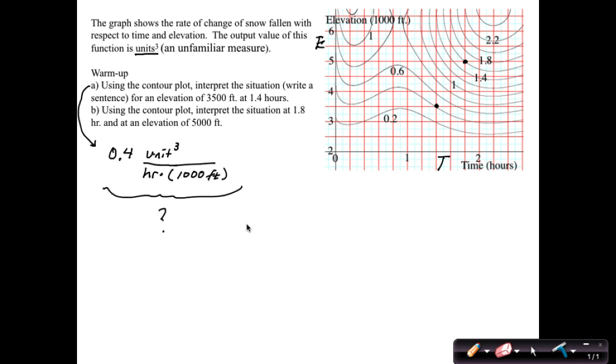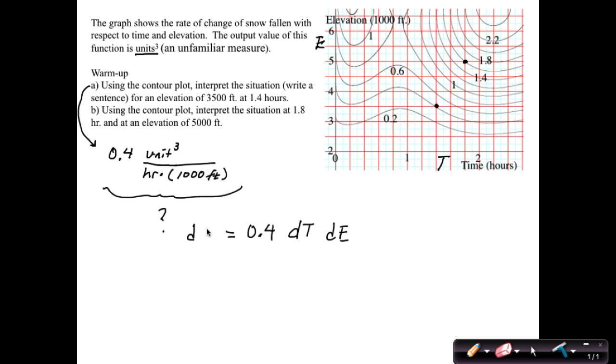Okay, so given a small change in time, and also a small change in elevation, 0.4 tells us that you multiply 0.4 times that change to get the change in snowfall.